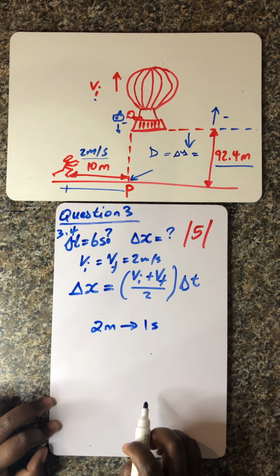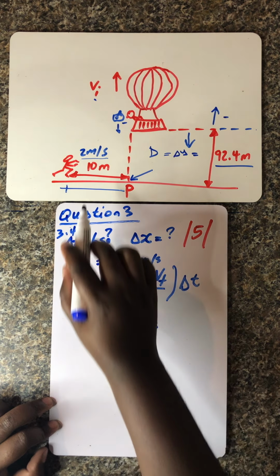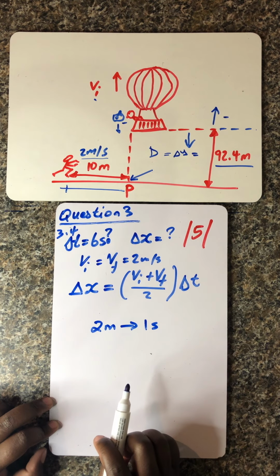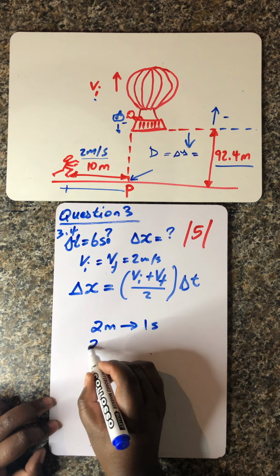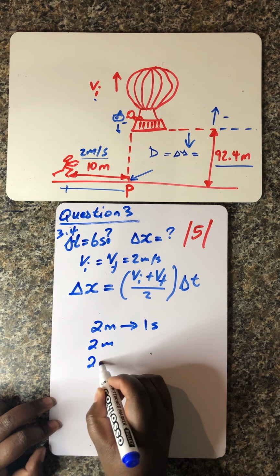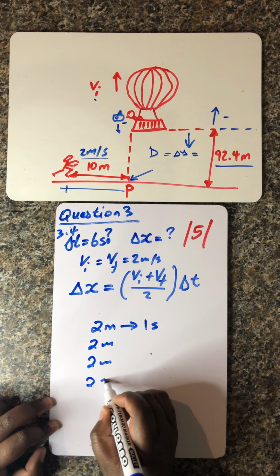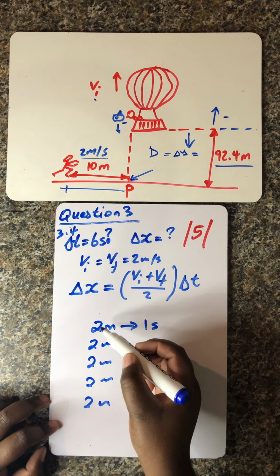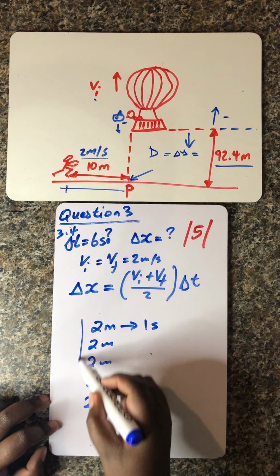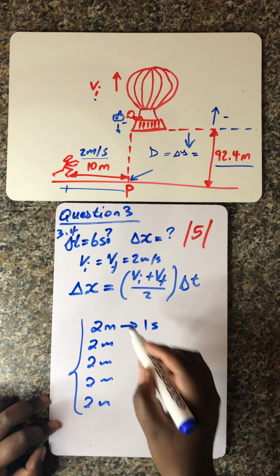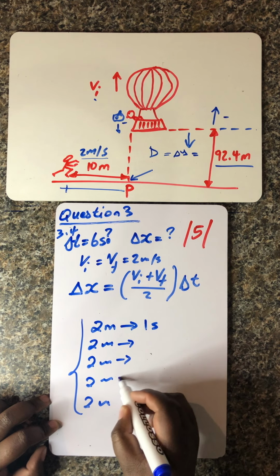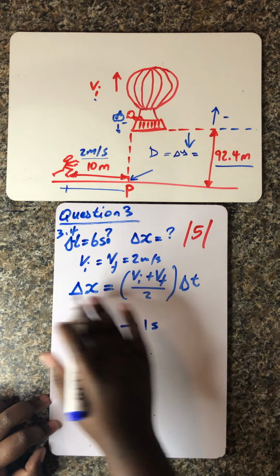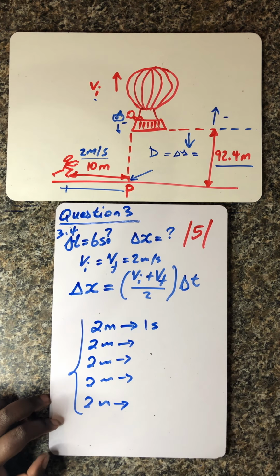For him to cover 10 meters, he must cover 2 meters, 2 meters, 2 meters, 2 meters, 2 meters. I'm just checking how many seconds he needs before I show it by means of calculations.